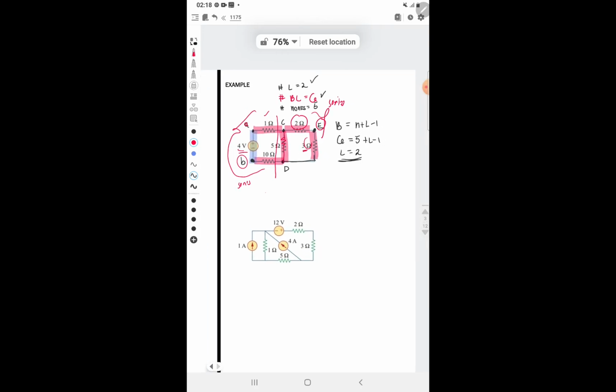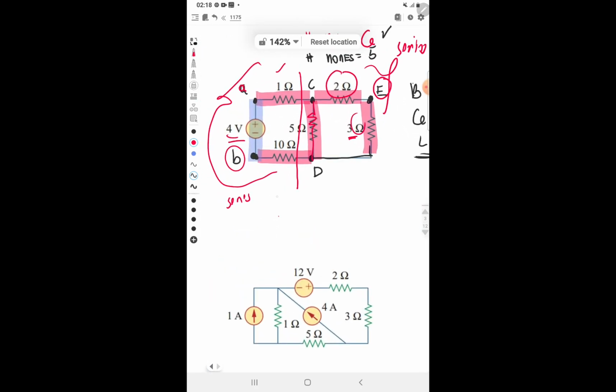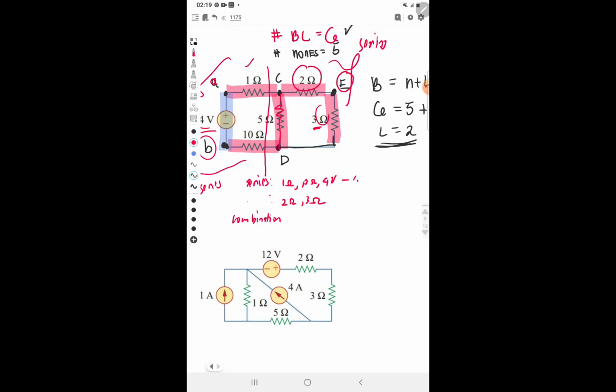Okay, so lagay natin dyan, series we have 1 ohm, 10 ohm, 4 volt, also 2 ohm and 3 ohm. Tapos combinations, let's say this will be our combination 1, combination 2.